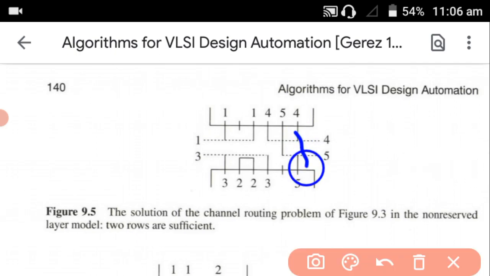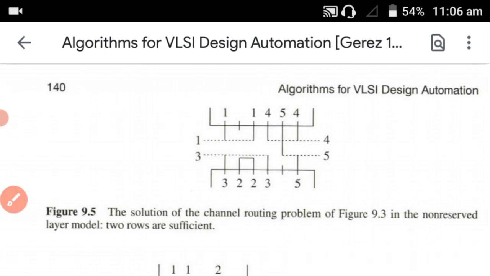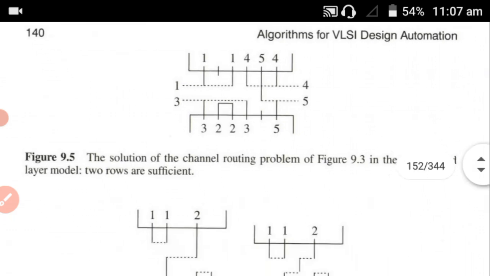The length in the previous figure 9.4 is 3, and it is reduced in this figure. The difference here is that nets 2 and 3 have just a small separation between them.